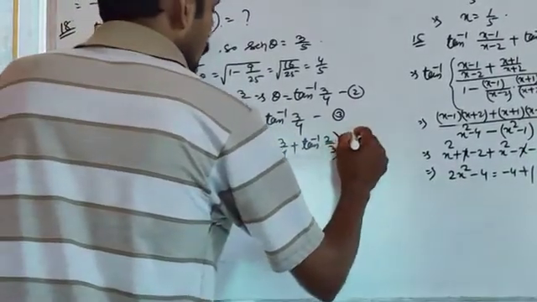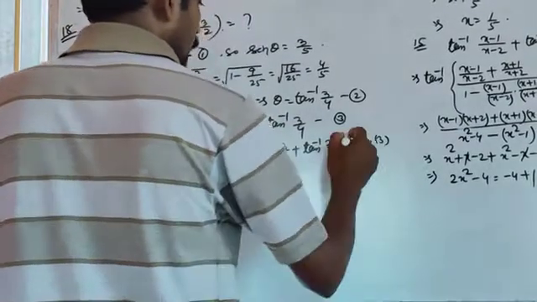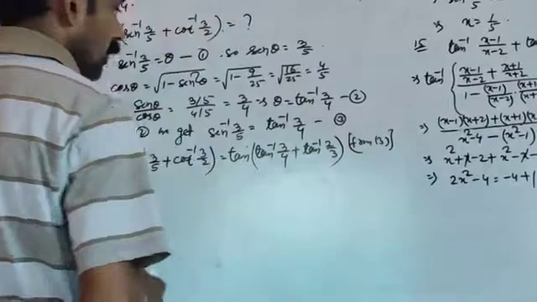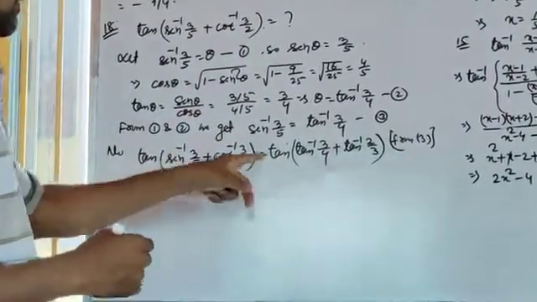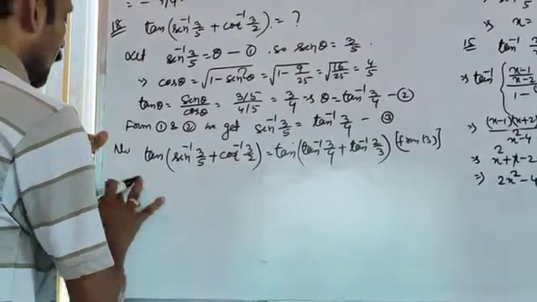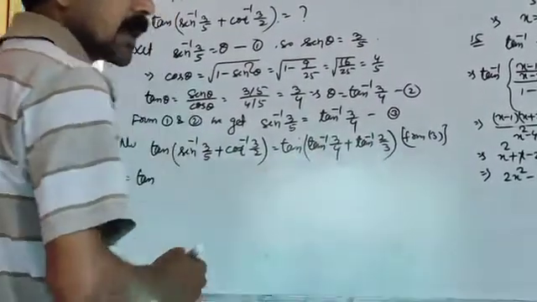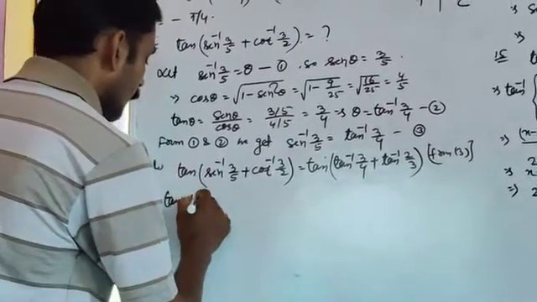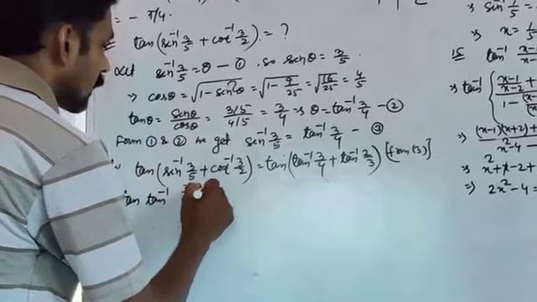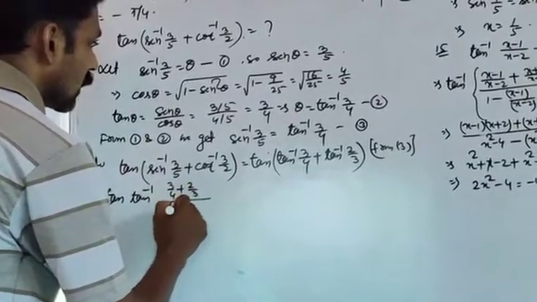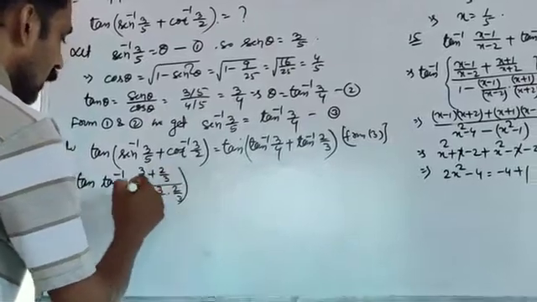This is from 3. Now it is tan of tan inverse x plus tan inverse y. Formula: tan inverse of x plus y by 1 minus xy.